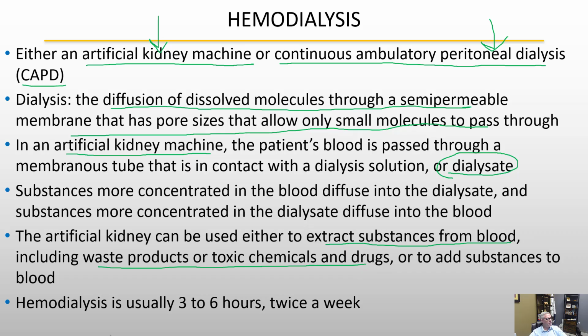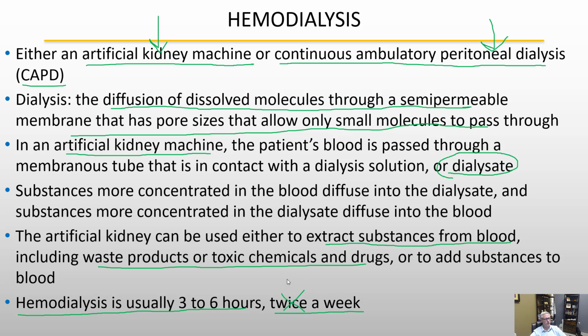And typically, once you start hemodialysis, you're going to be on hemodialysis for 3 to 6 hours per week. And it says twice a week. Now, I used to manage a dialysis clinic up in Raleigh, and I would say no one was twice a week.